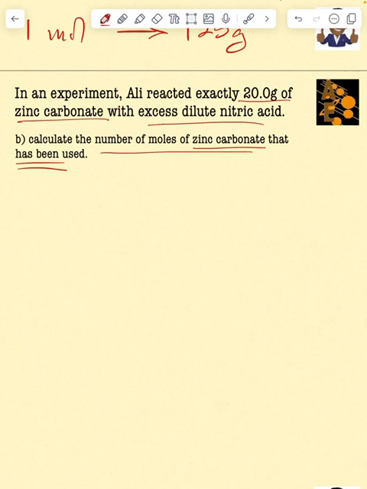The chemical equation is very important so that we know what's going on. So you have your zinc carbonate, a white powder, crystalline. It's a metal carbonate, it's solid. Plus your dilute nitric acid, which will be HNO3, that will be aqueous.